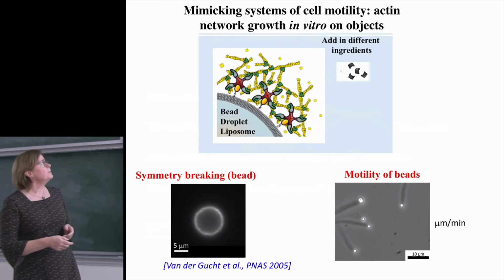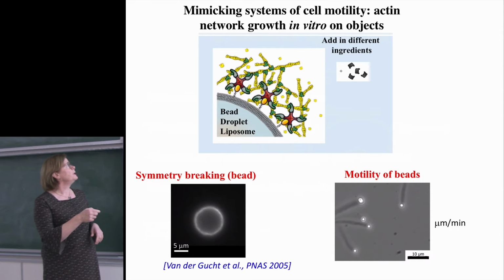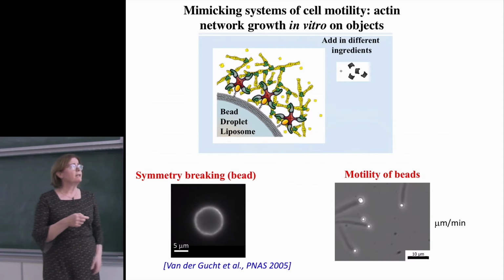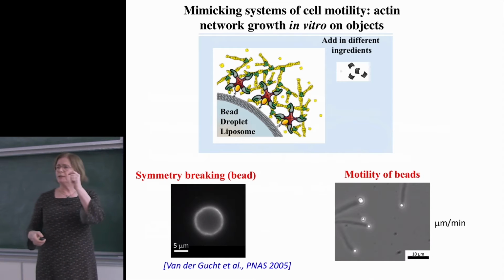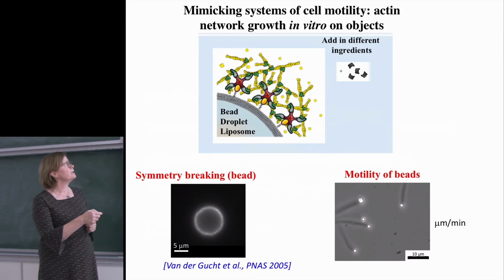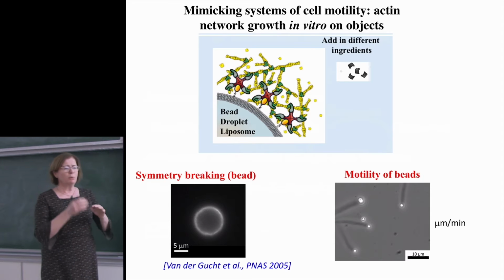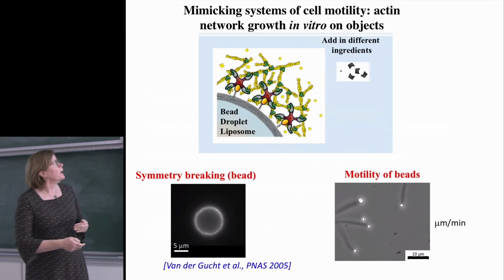So our systems consist of a substrate, so it can be a bead, a droplet, a liposome, or anything, at the surface of which we graft this activator of actin polymerization. So we know that now we make a branched network. As you see here, this protein that is grafted at the surface is able to constantly branch this network that is growing.